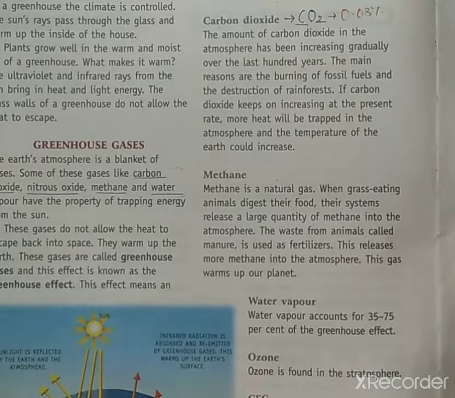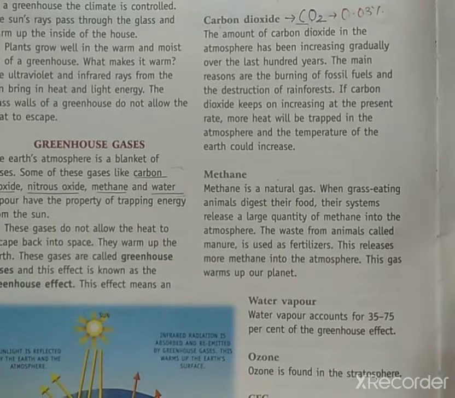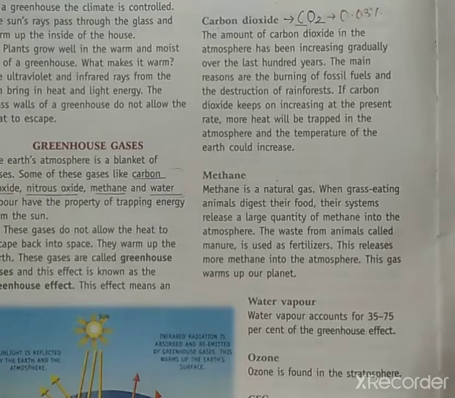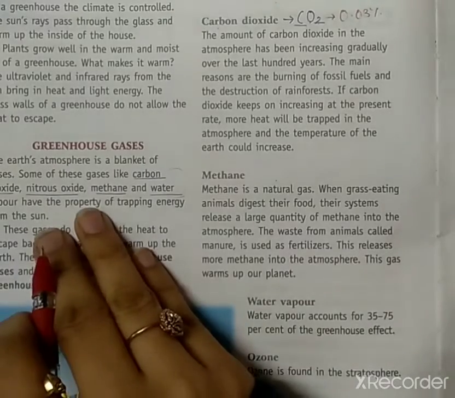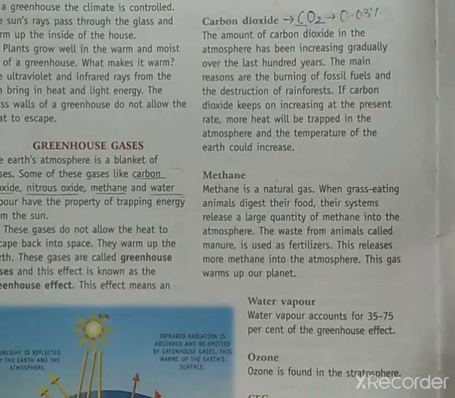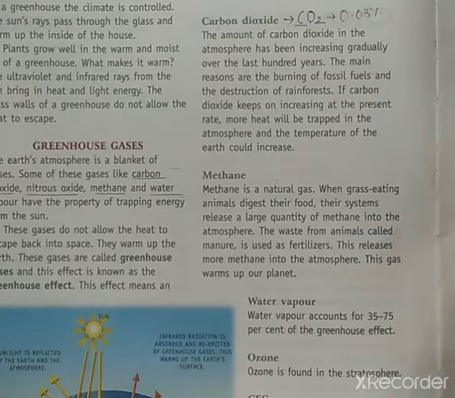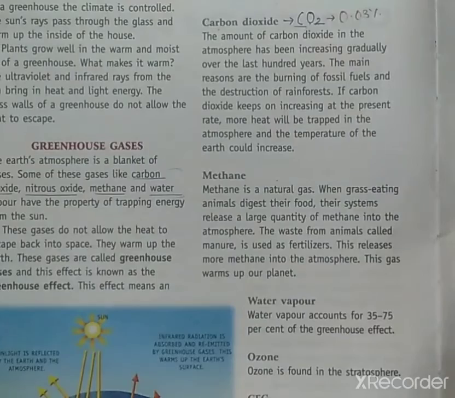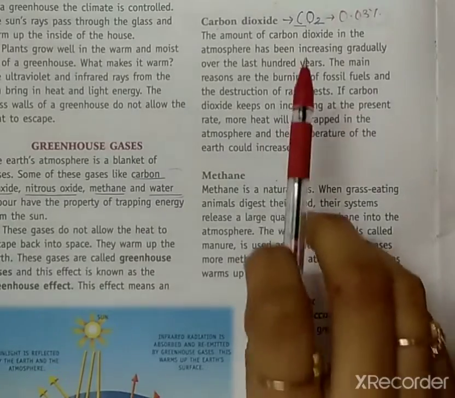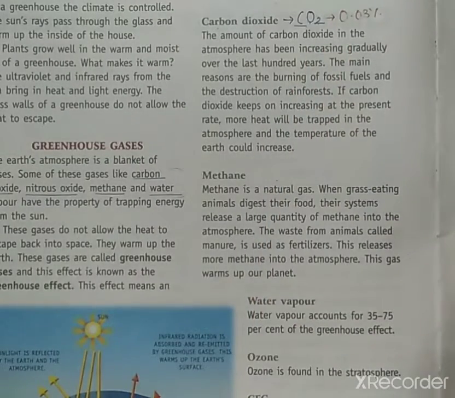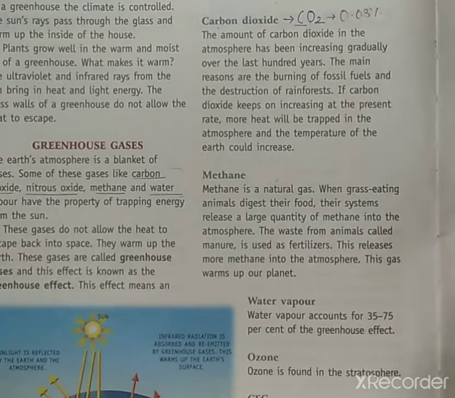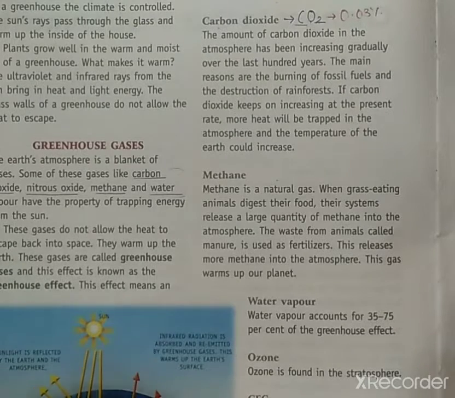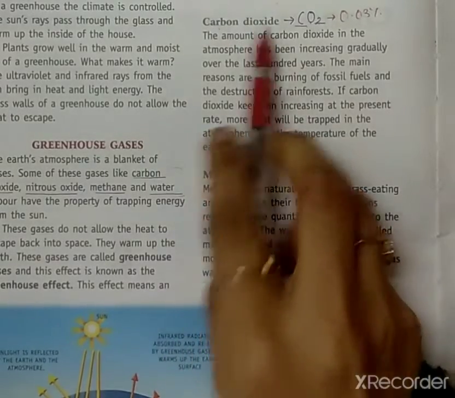If the amount of any greenhouse gas increases, as we know, it has the property of trapping heat. So if the amount of carbon dioxide increases, what would happen? It will trap more heat in the atmosphere, and because of that the temperature of the earth could increase, right? So this is all about carbon dioxide.